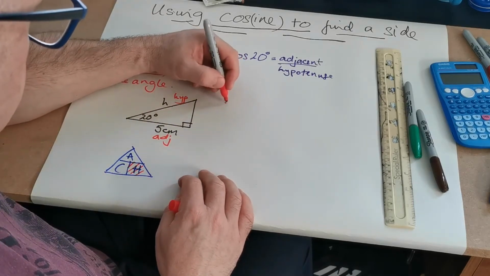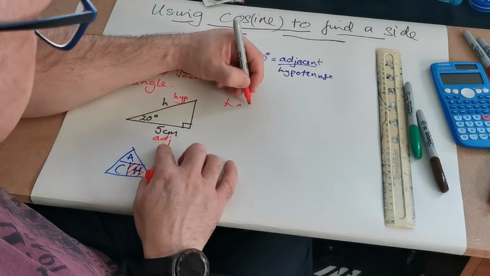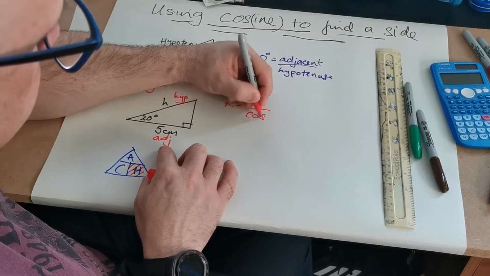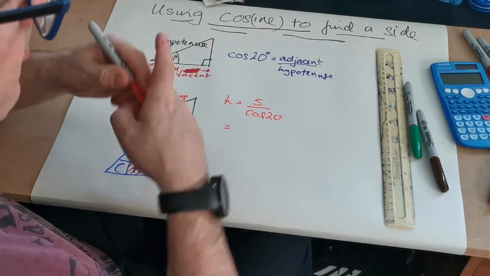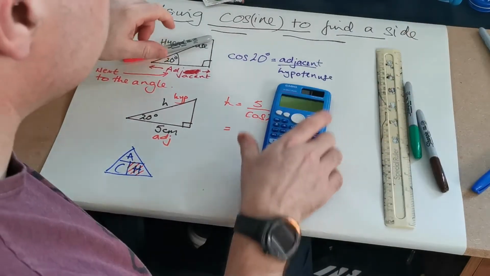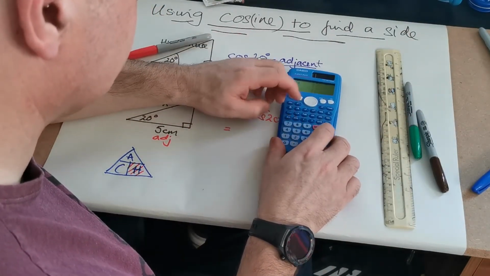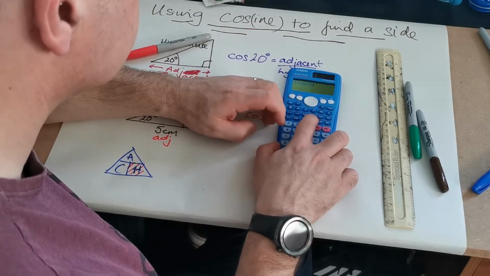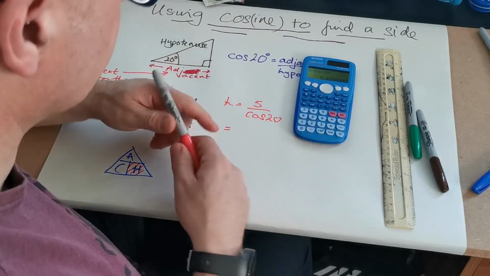So I'm going to say that H is equal to A, my adjacent, which is 5, over cos 20. Which I'll put on my trusty calculator. 5 divided by cos 20 is equal to 5.32.